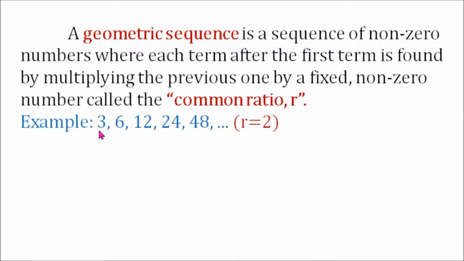This means 3 times 2 equals 6, 6 times 2 equals 12, and 12 times 2 equals 24, and 24 times 2 equals 48.